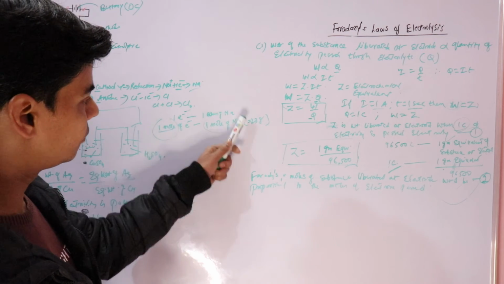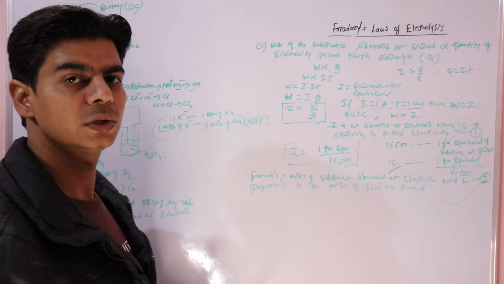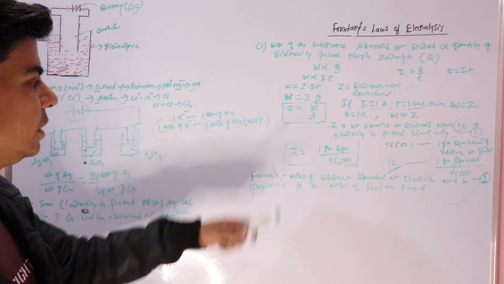Because we know that 1 mole is equal to the gram atomic weight, which is 23 gram in the case of sodium.